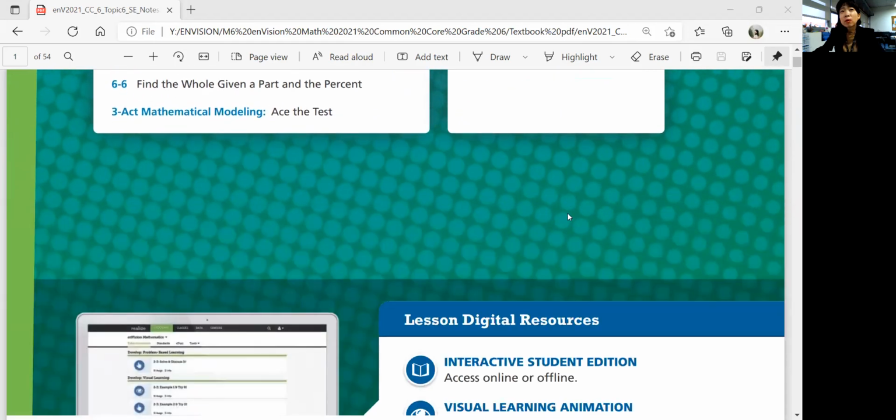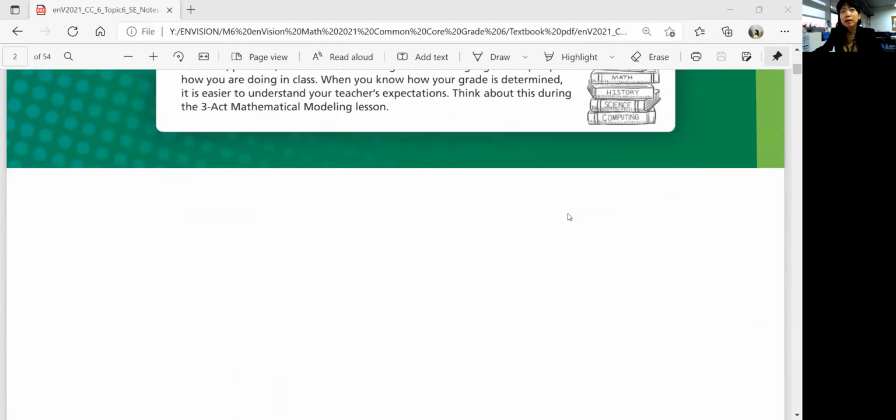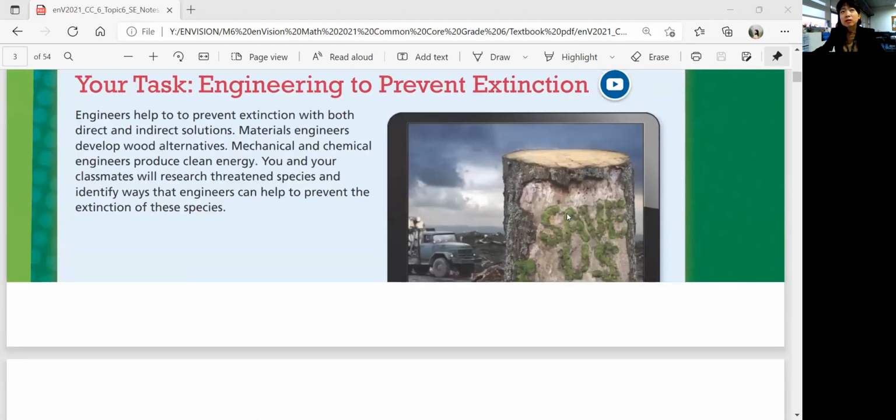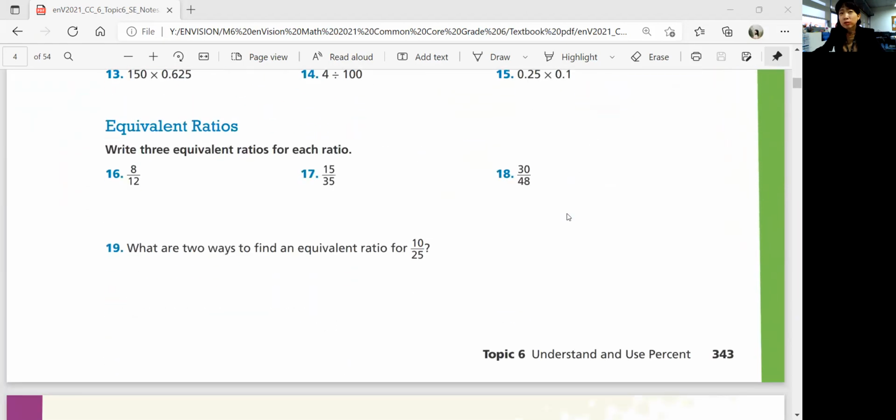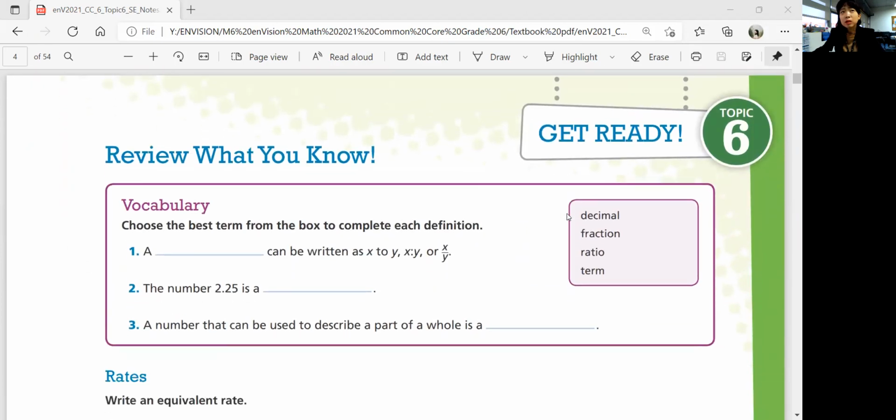Okay, so before we start our topic, let's get ready. This is page 343 and see if we can review the vocabularies and the math skills that we learned before.